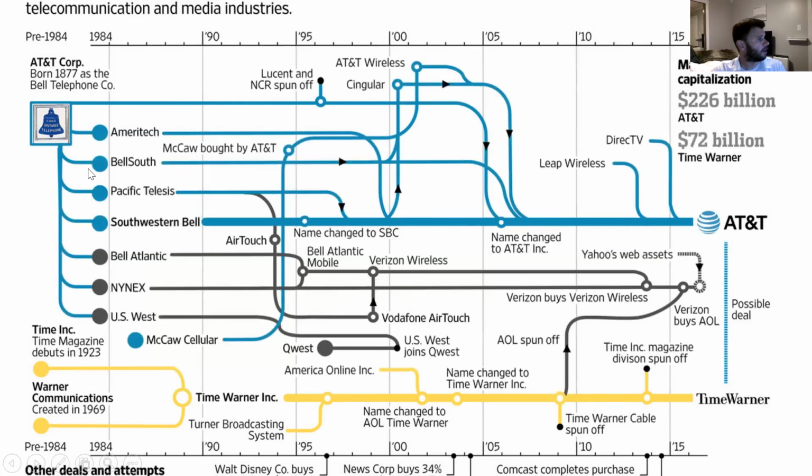But if you look carefully at this flow diagram, it shows not only how the companies were separated over time, but over time, how the entities were actually reacquired. And currently, the current entity that is AT&T again has more or less reacquired all the parts that it was forced to divest from in 1982 through 1984.